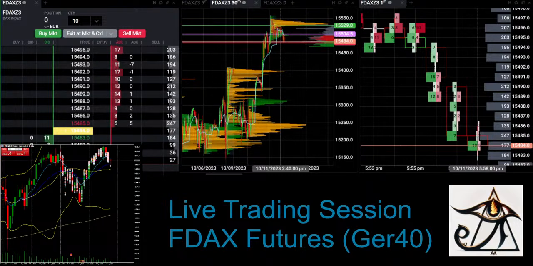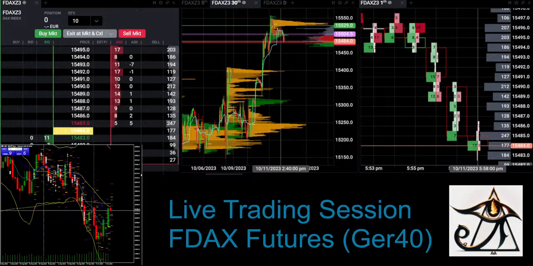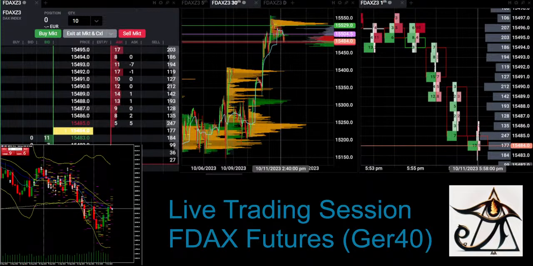We've rejected off that moving average 20 quite nicely. On the moving average 200 on the daily, we did touch that overnight and it's rejected off that. So potentially that's indicating that we might come short today.